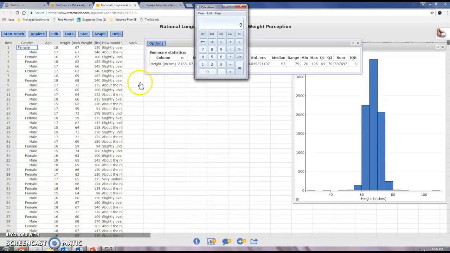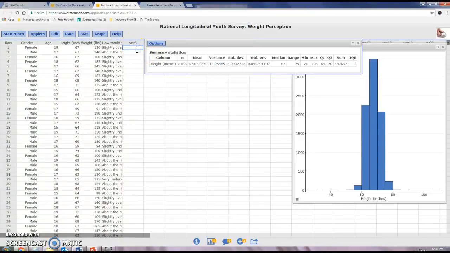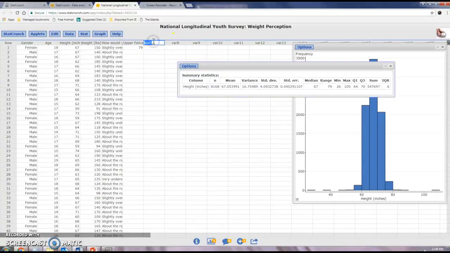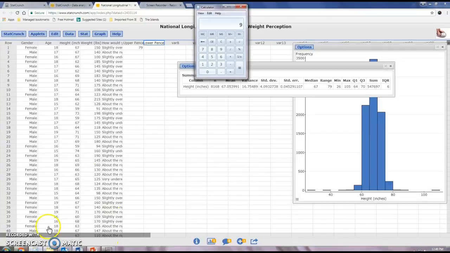Okay, so I will maybe just make a note of that, 79. It's going to be my upper fence. 79. And then my lower fence. Remember, 1.5 times the IQR, that was 9.